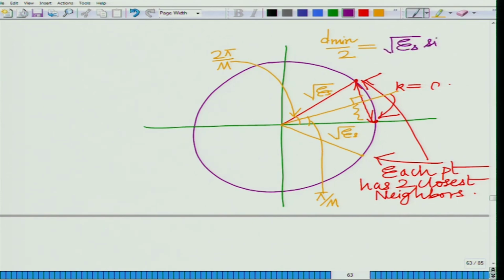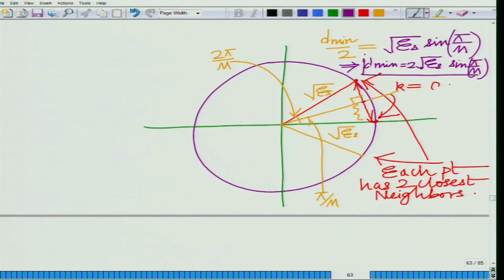So, this is square root of Es into sine pi by M, and this basically is your d min by 2, and therefore d min equals twice square root of Es into sine pi by M. That is the whole point.